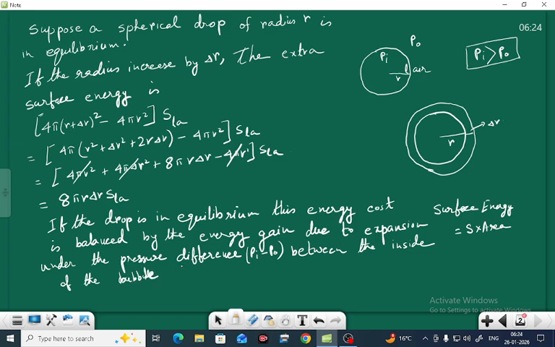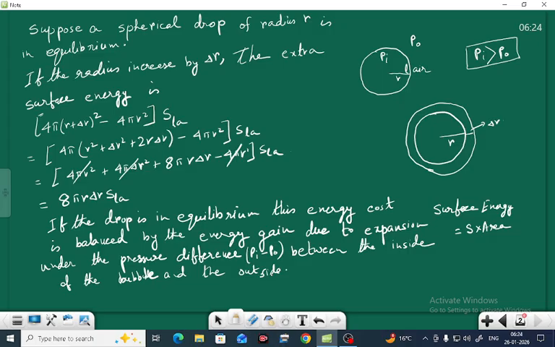So what you are getting is that if the drop is in equilibrium, this energy cost is balanced by the energy gain due to expansion and the pressure difference, Pi minus Po, between the inside of the bubble and the outside.